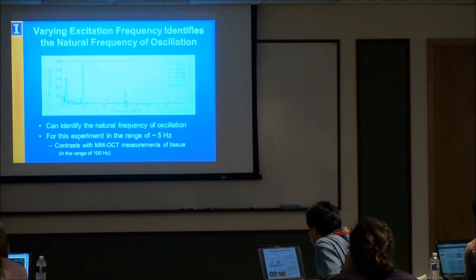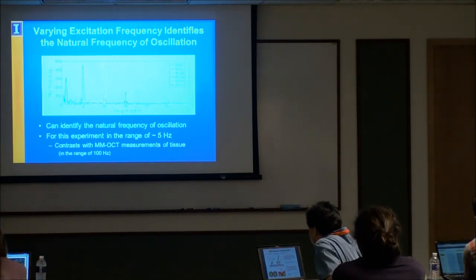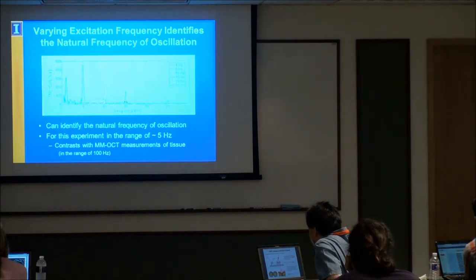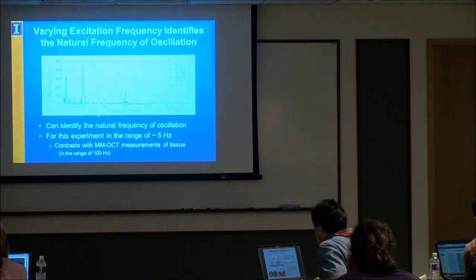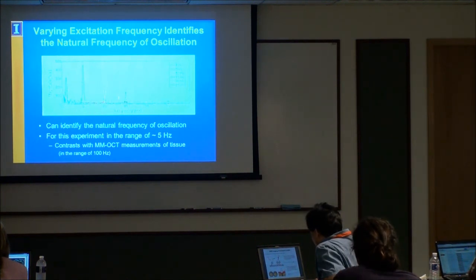And what this led to, of course, is can we actually begin to identify a natural frequency of oscillation? So, in this case, we were parked over that bead, but we were now varying the excitation frequency, and we saw that it also peaked around 5 hertz. At about 1 hertz, about 10, 15, 20 or so, the amplitude of that signal was falling off.